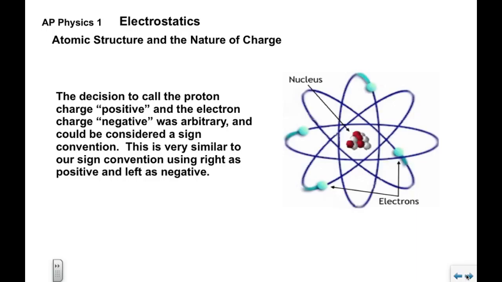We could just as well call them up and down, or left and right, or black and white, or whatever you want. There are two different types of charge, the proton charge and the electron charge. Arbitrarily, the proton was called positive, the electron was called negative. Doesn't really matter why.